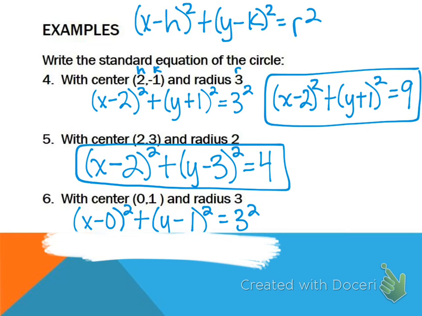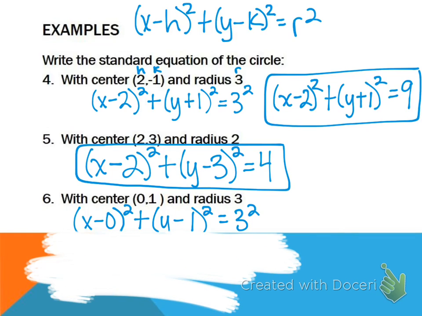Now this one is a little tricky because there are two things that we can simplify. The zeros? Yep, the part with the 0 can be simplified. So Keon, what does that become? X squared. Yep, just an x squared. Then y minus 1 squared, yep, that part stays the same, and equals 9. Beautiful. I like this.